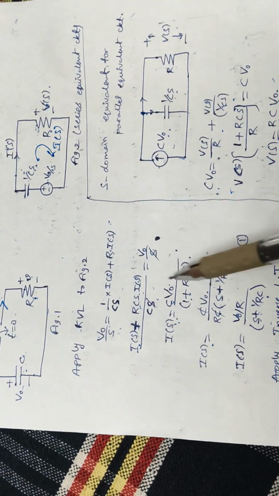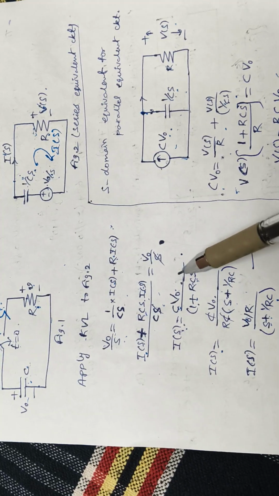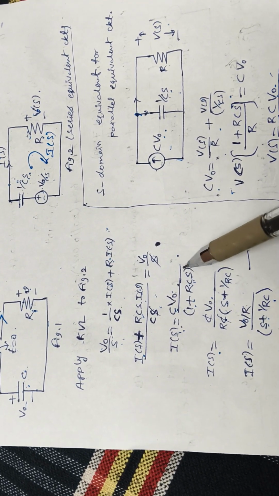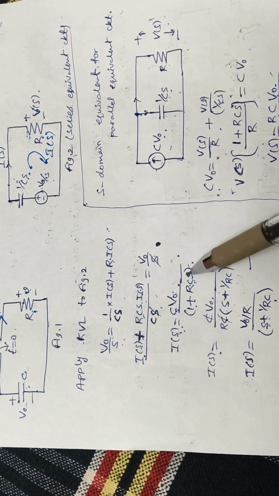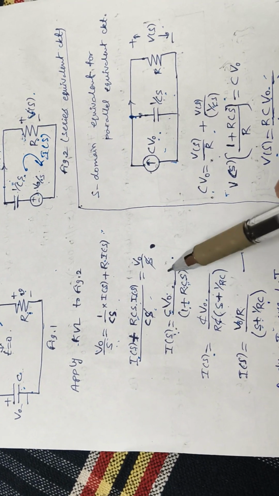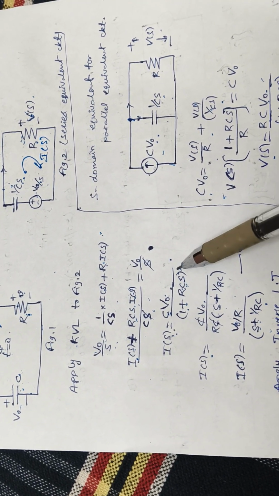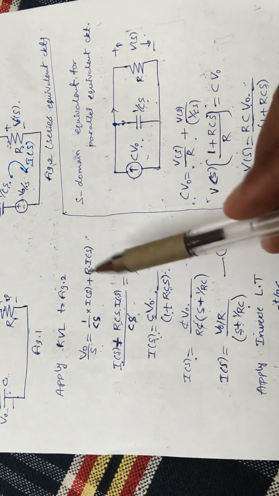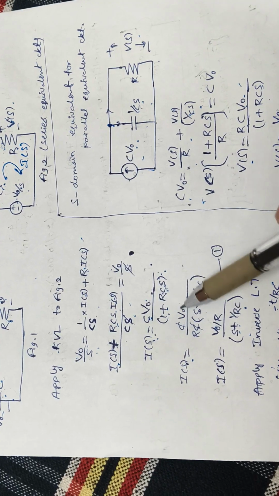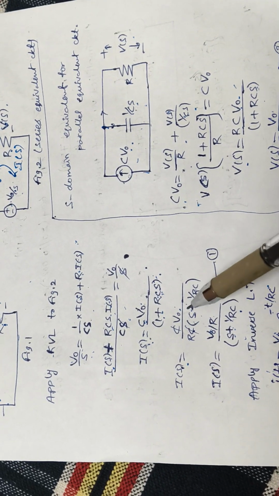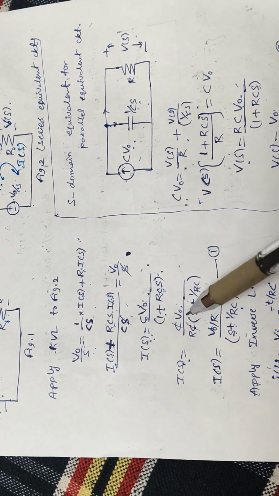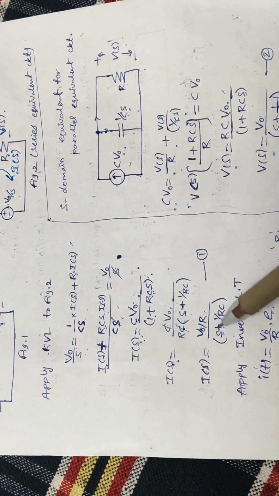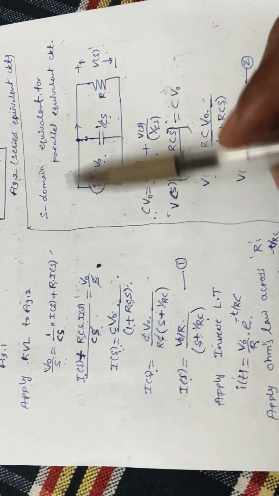But as we don't have a direct inverse Laplace transform for 1 by 1 plus some K s, you can always take the s coefficient common, so that you get 1 by s plus some constant a, which makes it easy to apply the inverse Laplace transform. So I of S is equal to C V0 by RC, taking RC out as a common factor, times 1 by s plus 1 by RC. That is, V0 by R divided by s plus 1 by RC, which is I of S.